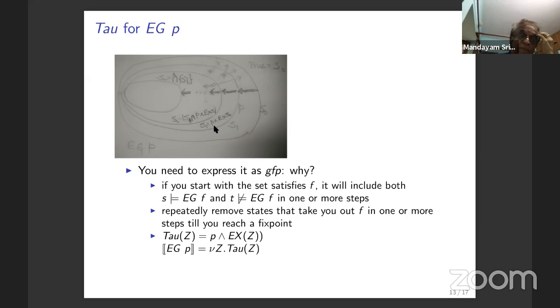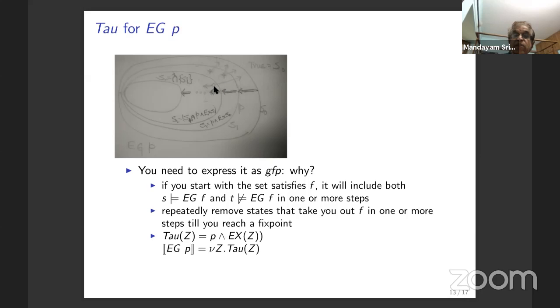And then in each step, as I said, you keep those states in each iteration which don't take you out. In other words, you're removing states from which every successor state is leading you out of the current Si.